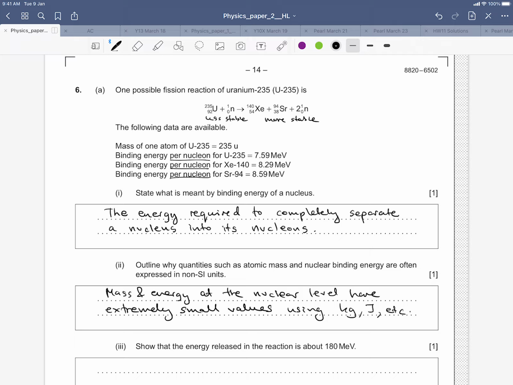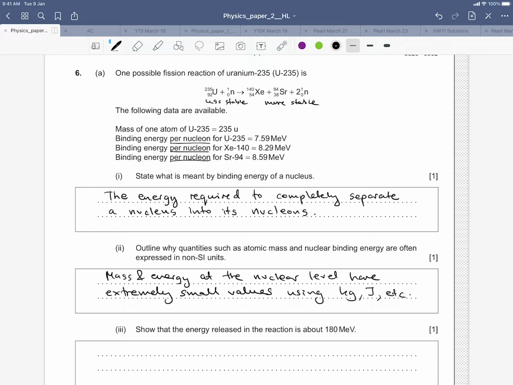So we're going to have a larger total binding energy on the right hand side compared to the left hand side. So what I'm going to do is calculate the total binding energy on the right hand side and subtract from that the total binding energy on the left hand side. On the right hand side we have the xenon.